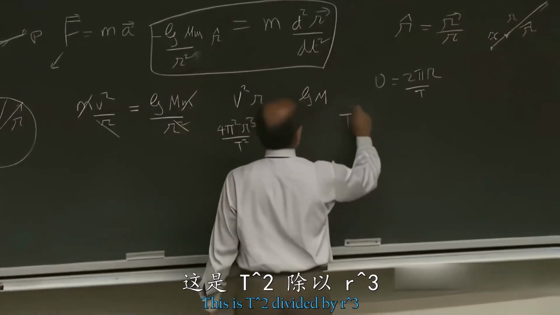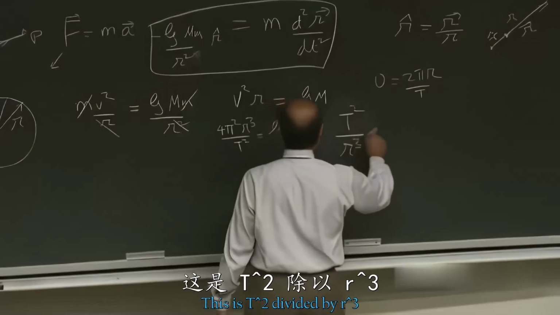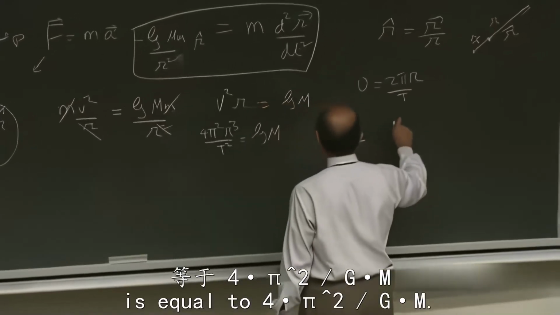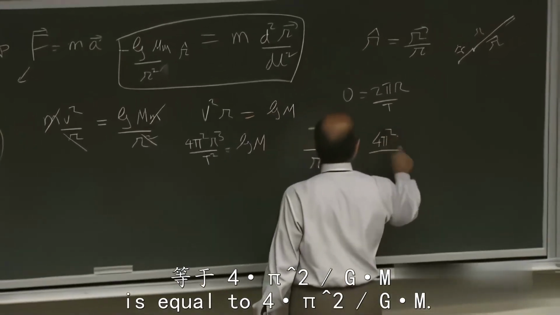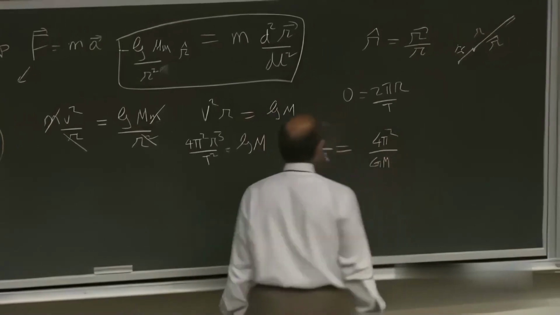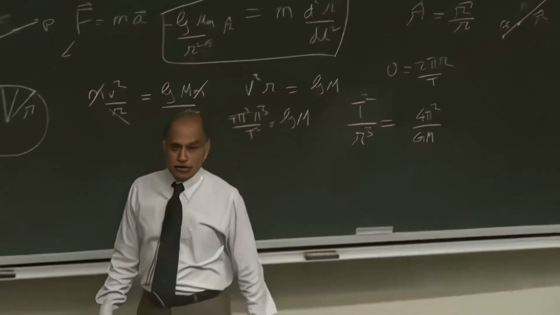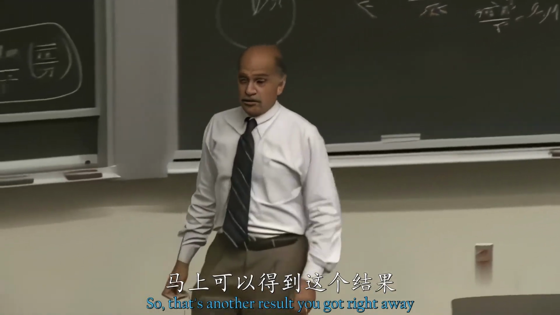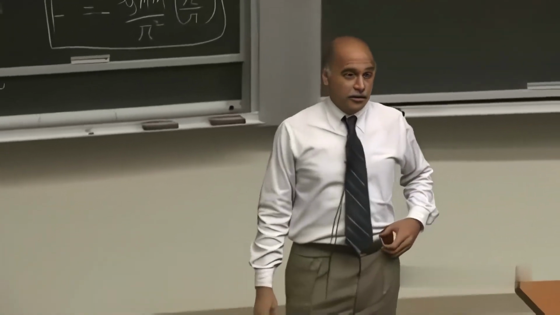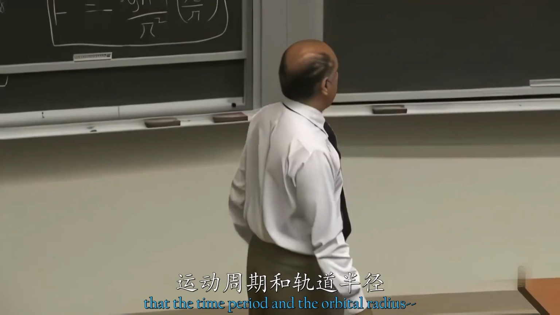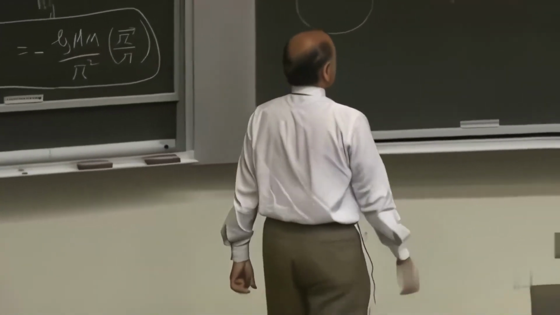This says t squared divided by r cubed is equal to 4 pi squared over GM. So that's another result you got right away. That's the third result, that the time period and the orbital radius are related.